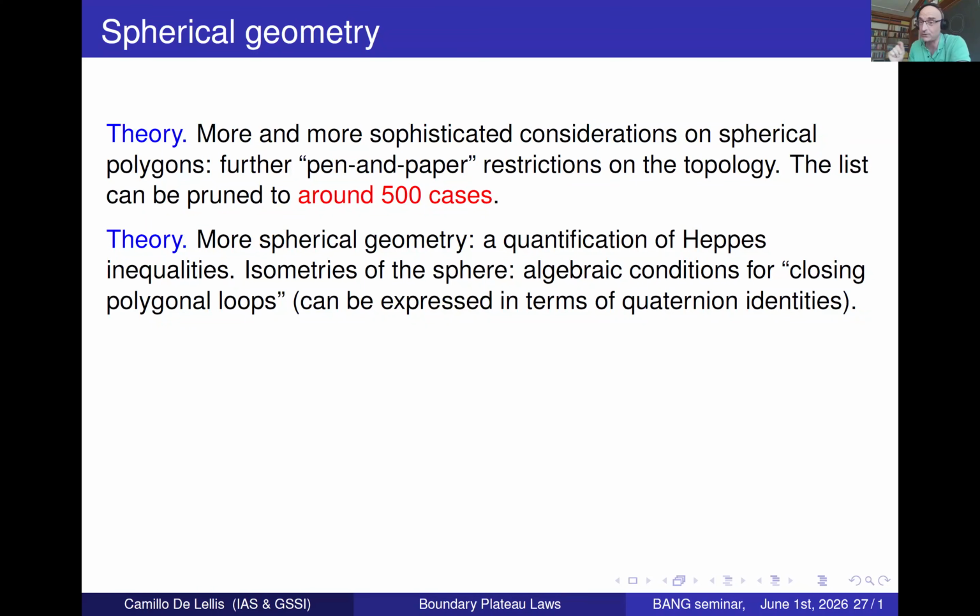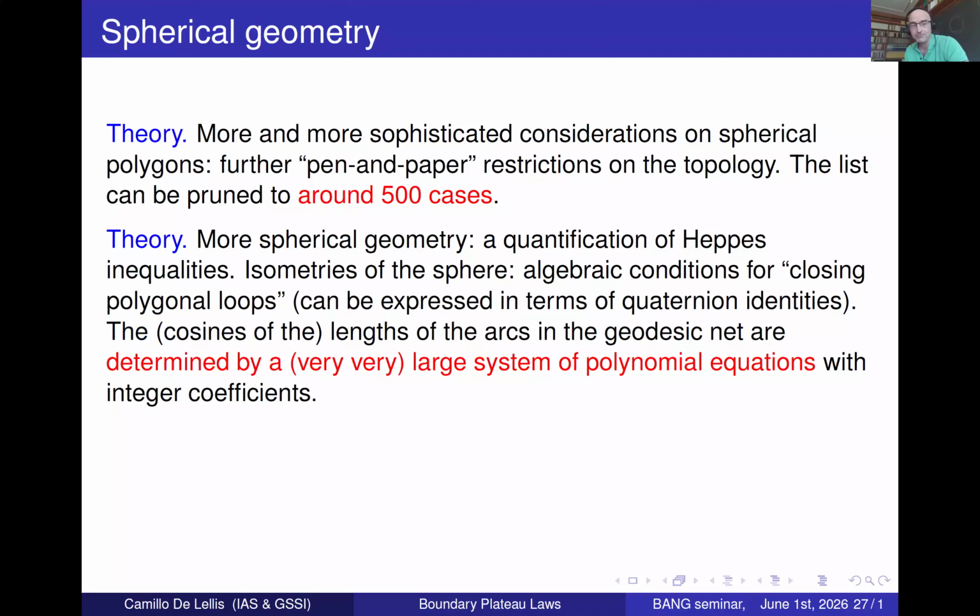So this tells you that there is a quaternionic identity: the multiplication of certain quaternions has to be equal to the number 1 for the loop to close itself. This gets you an algebraic system of polynomial equations in the cosines and sines of the lengths of the arcs, which tells you that the problem you're trying to solve is equivalent to solving a complicated yet algebraic system of equations in cosines and sines.